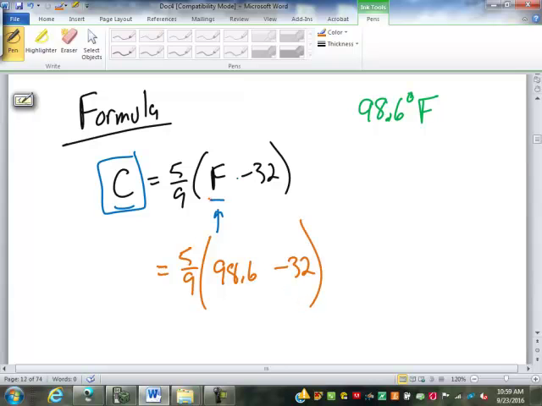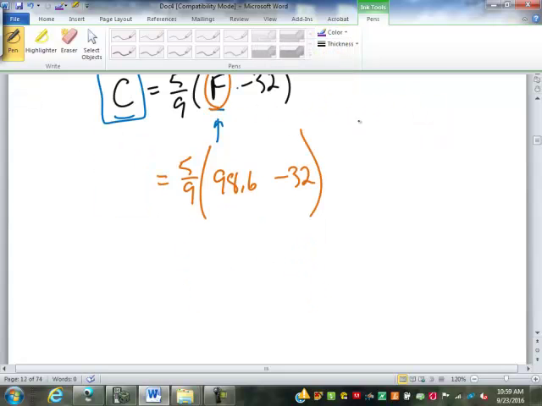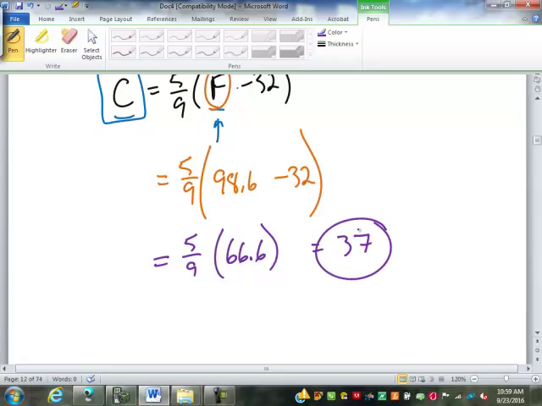We replace the F with the number 98.6. And now it's just a matter of order of operations. We have to do what's in the parentheses first. 98.6 minus 32 is 66.6. Then 5/9 times 66.6 is 37.